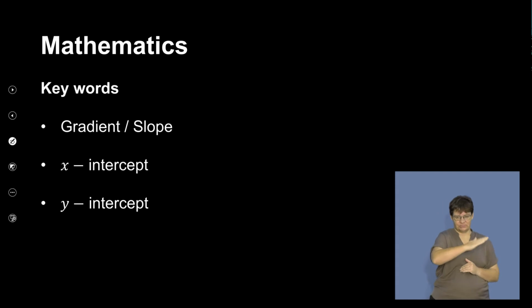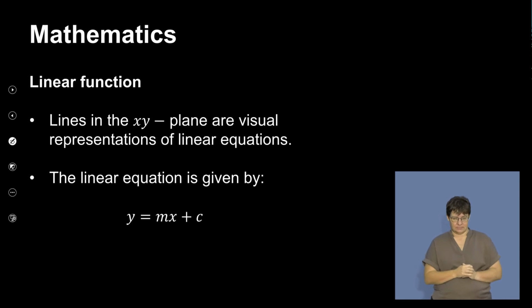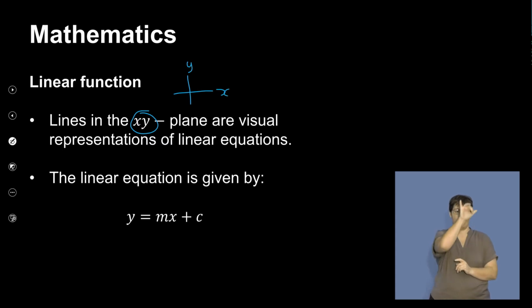Then we have the x-intercept, and then we have the y-intercept. Now, with a linear function, these are lines in the xy plane. What do I mean by xy plane? I'm simply saying it's a Cartesian plane that has x and y, as we've been seeing. A visual representation of linear equations.